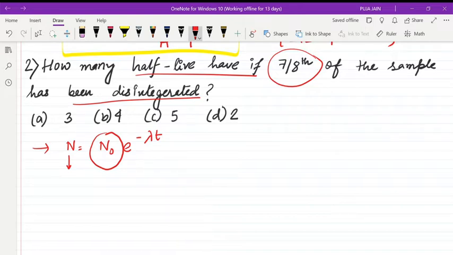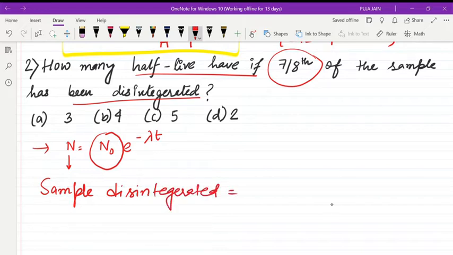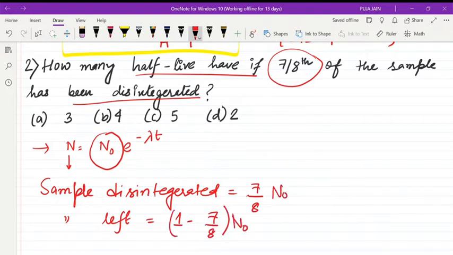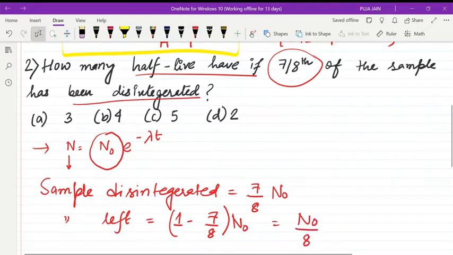Here the sample disintegrated is given as 7/8. So the sample left is clearly 1 minus 7 by 8 times N0, so this is N0 by 8.